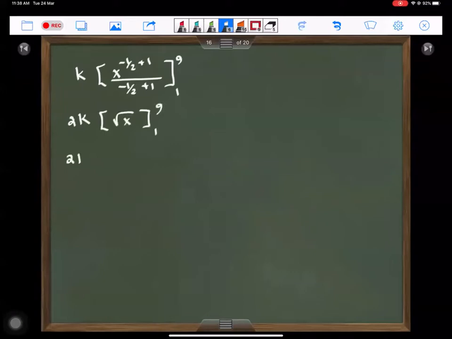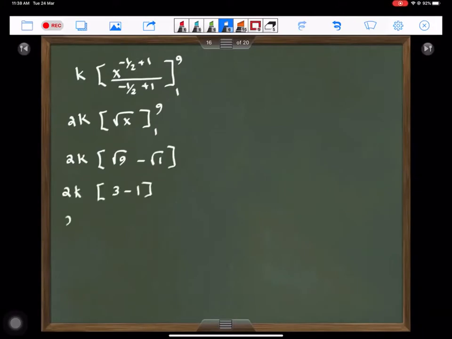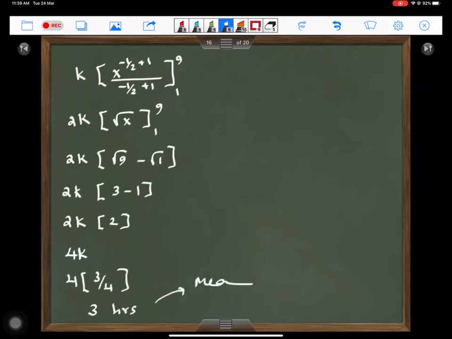This is 2k (root 9 minus root 1). It's a nice calculation. This is 2k (3 minus 1), 2k into 2, this is 4k. But what is k? k is 3/4. Therefore, you get 3. That is hours. That means the mean length of stay at this car park is 3 hours. Straightforward calculation.